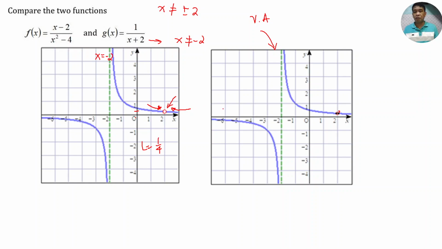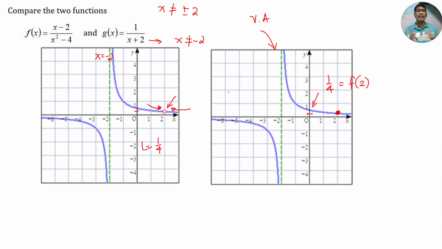This time, defined na tayo at x is equal to 2, kasi pag sinubstitute natin, 1 over 2 plus 2, that gives us 1/4. So therefore, ang y value na ina-approach niya ay 1/4, which is actually equal to your f of 2. So yun yung generalization kanina.